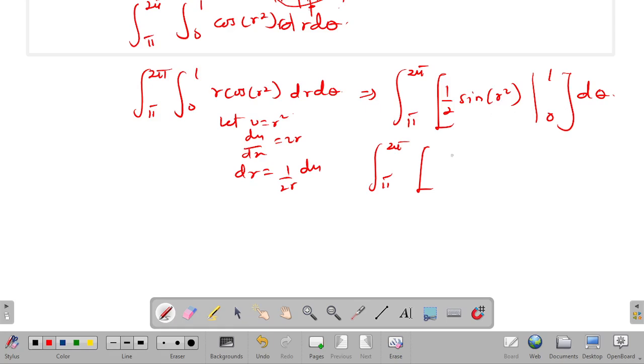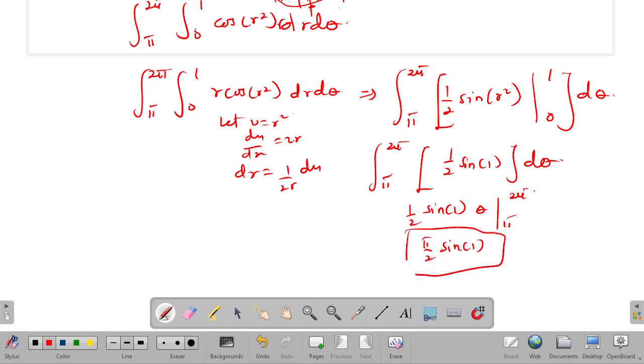So when I integrate this for the last time, I have one half, all this is constant, times theta from pi to 2 pi. When I put in 2 pi and subtract pi, it's pi. My final answer is pi over 2 times sine 1. Simple as that.